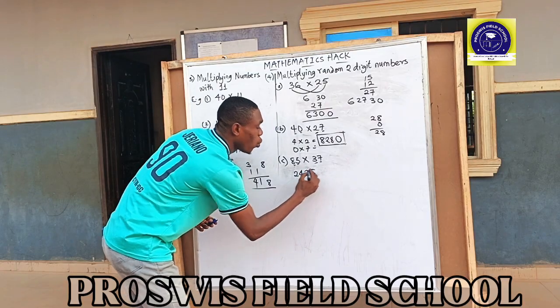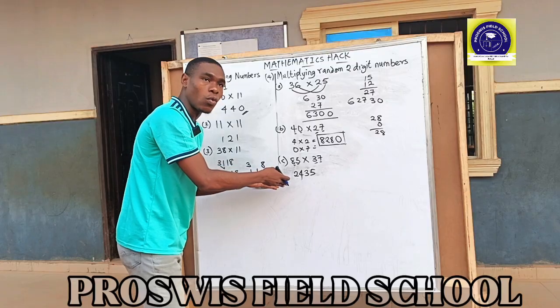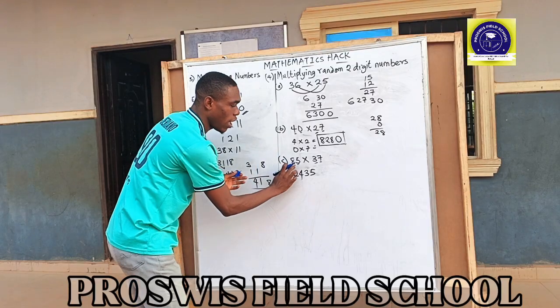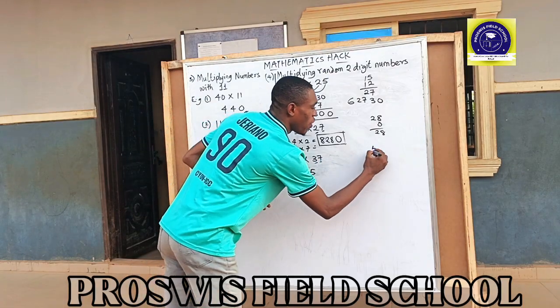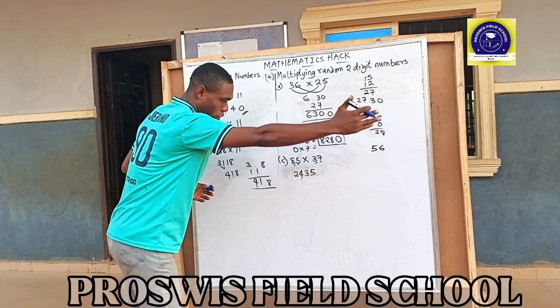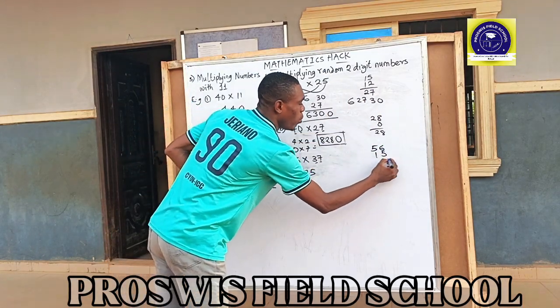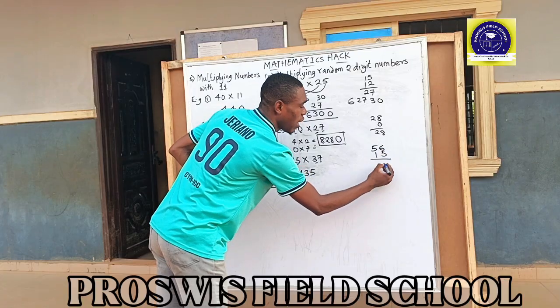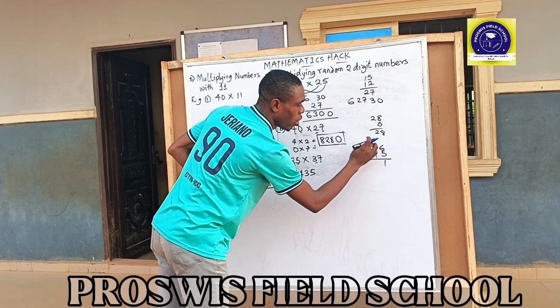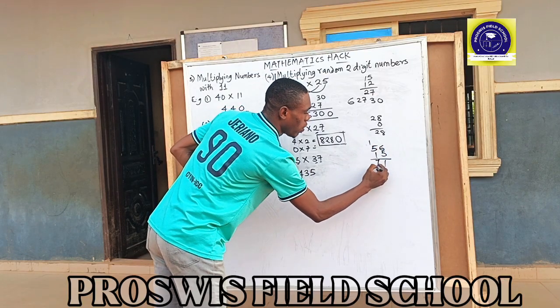Why are you closing it up? We need what? 4-digit number, but this is not our answer. Now the next thing, 8 times 7 is what? 56 at one side. 5 times 3 is what? 15. You add it up, you're having what? 6 plus 5, 11, right? 1, carry 1. 1 plus 5 plus 1, 7.